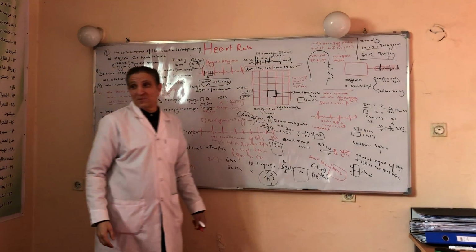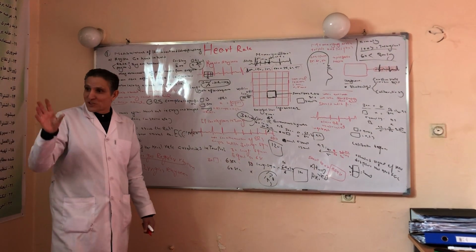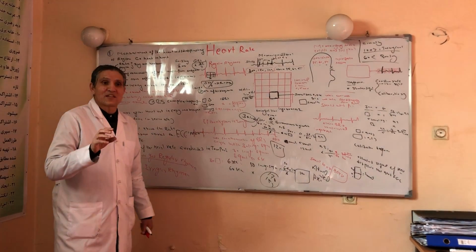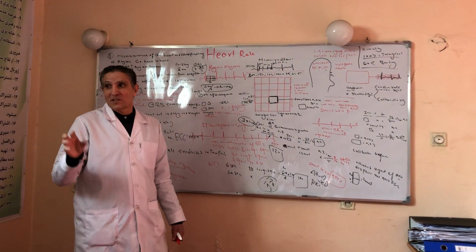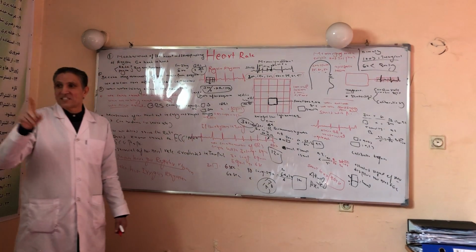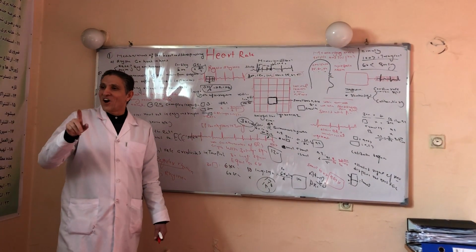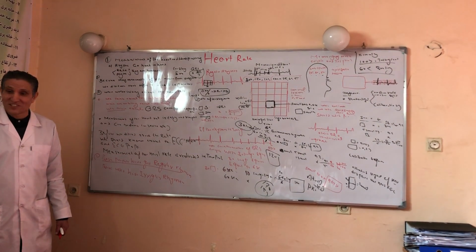Rate without rhythm produces abnormality, and rhythm without rate also produces abnormality. So rhythm and rate, both of them, are 100% conditions for the measurement of arrhythmia, as well as whether it is tachy or brady. It is better to say dysrhythmia.